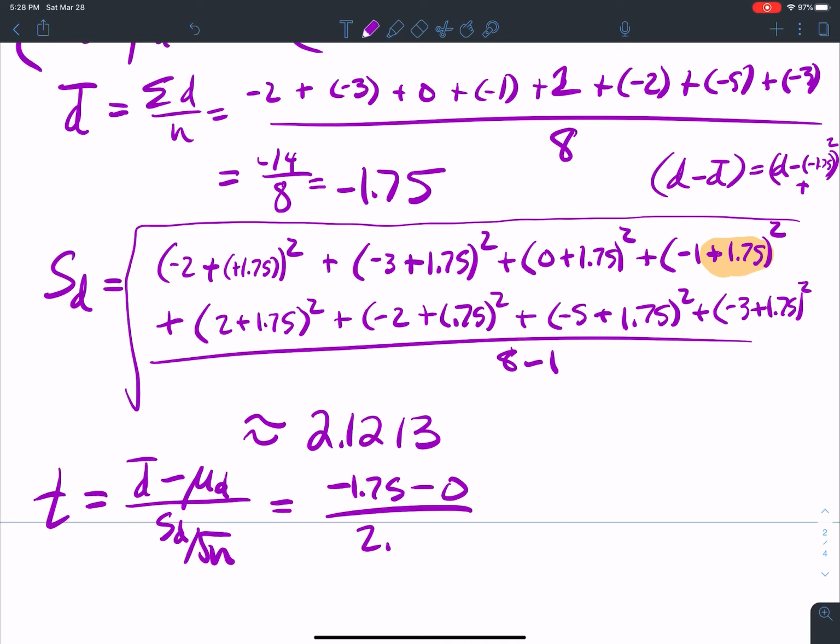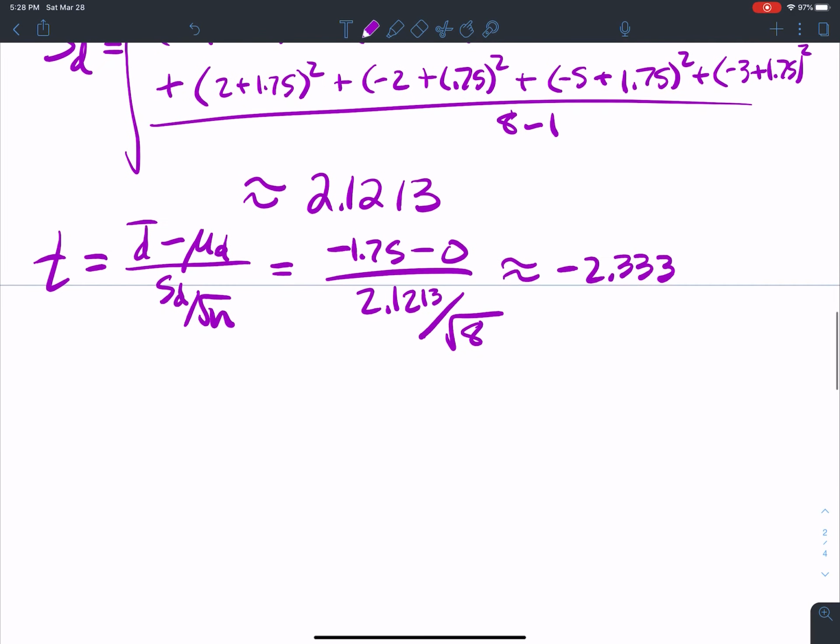Standard deviation 2.1213, divided by square root of n, square root of 8. And when I type this in, let's see, looks like I get negative 2.333, something like that.